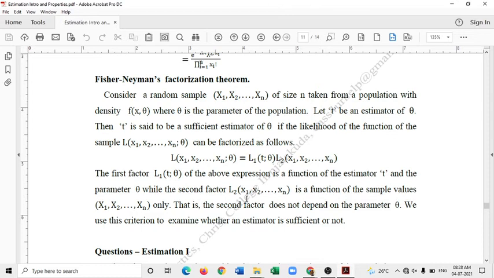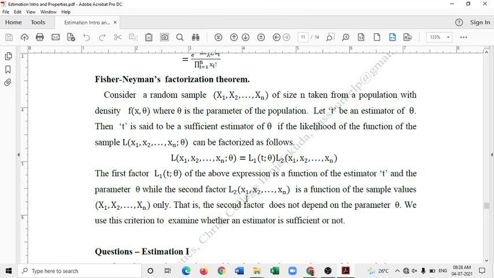There is no restriction for constants. The restrictions are only for the parameter and the estimator and some other function of the sample, that is, some other statistic. So in L1 we have only the proposed estimator and the parameter theta, and L2 is independent of the parameter theta. Then T is said to be a sufficient estimator of theta.